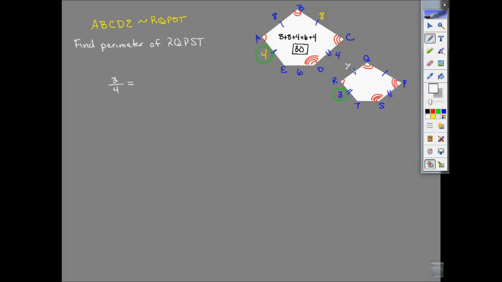I can call this side X and say that they go together. And so I can put X over 8. I'll cross multiply. Actually, I don't even have to do that. I'm totally doing too much work. Sorry, guys. Get rid of all this. We don't need to do that.